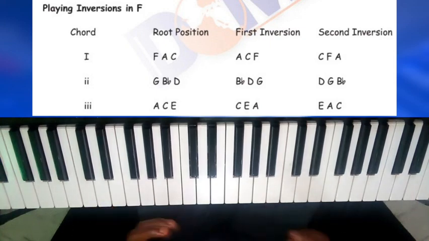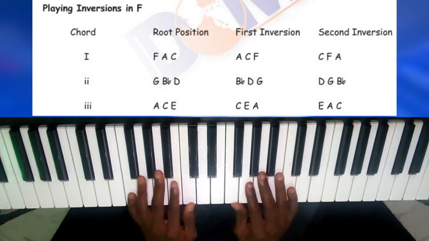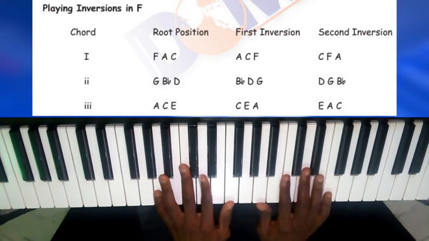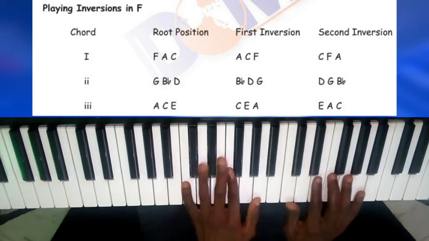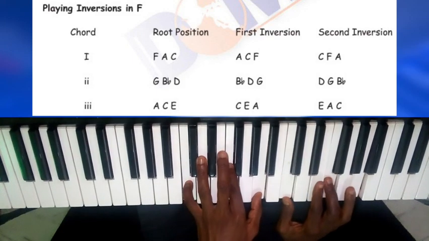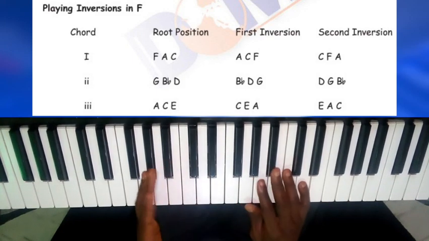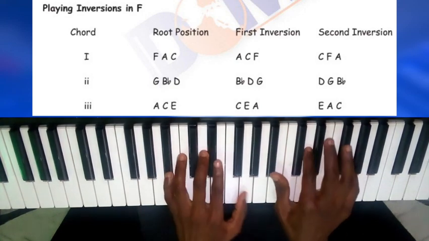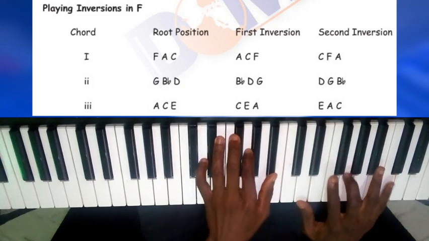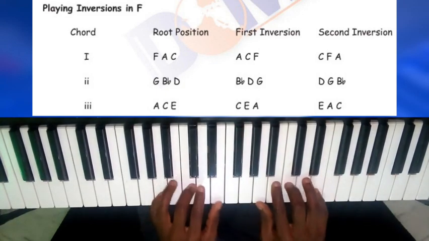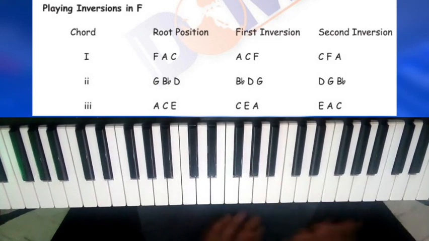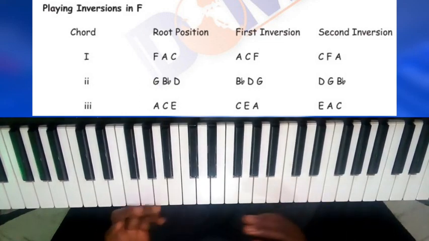So it's for you now to sit down with it. Once you know your triad, for example, this is my triad, I take it to my first inversion, then to my second inversion. I go to my second degree of the key, which is the Re chord. I do the same thing. I go to the third one. So that is how you practice your inversions.